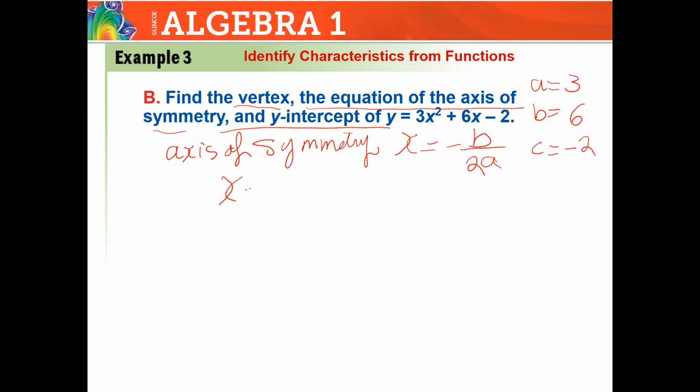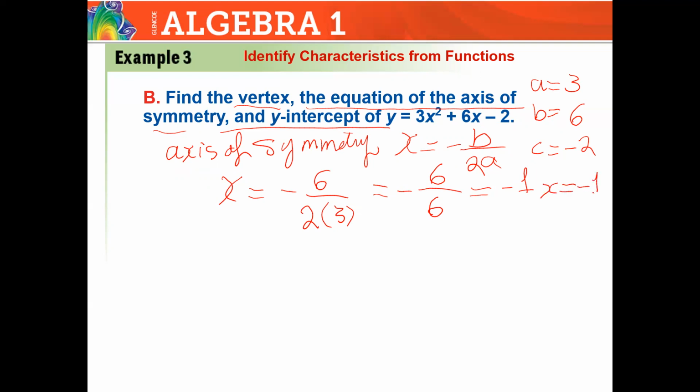Substituting in this formula, x equals minus, this time b is positive, so I'll put it as positive 6, over 2 times 3. So that's equal to -6 over 2 times 3, which is 6. So it's equal to -1. So I have x equal -1. That is the equation of the axis of symmetry.